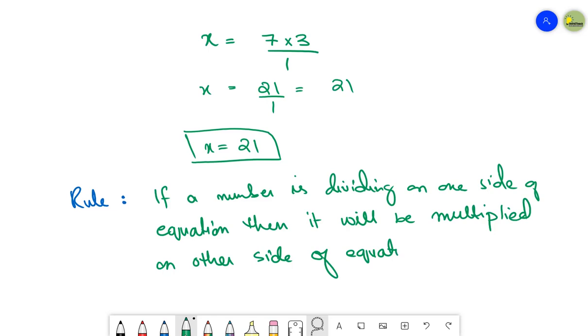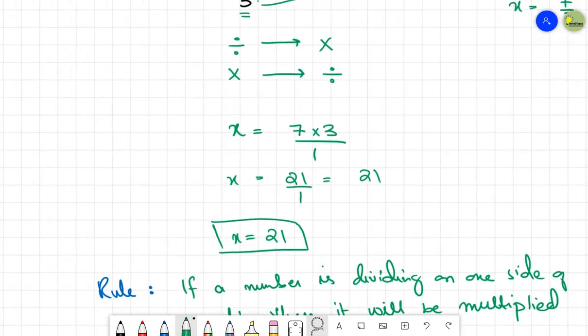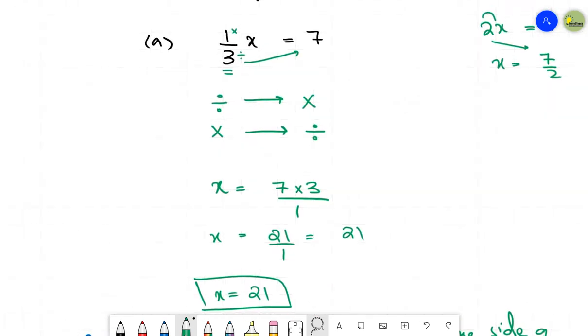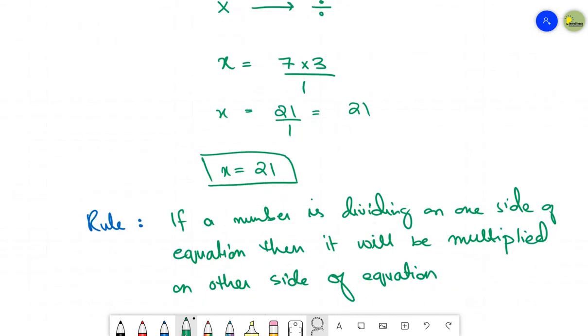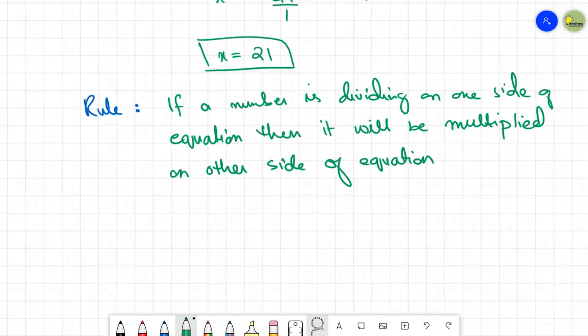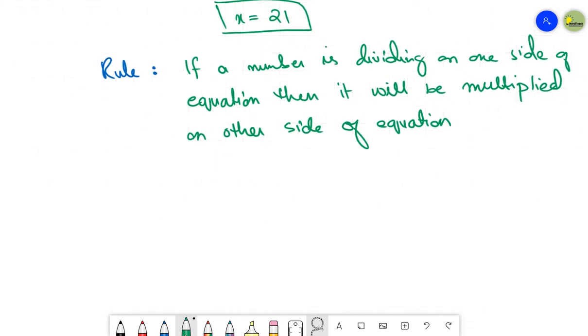Just the way we have done with 3. 3 was dividing with x. When you shift it to the other side, it will be multiplied with 7, right? So in this way, you need to shift the sign or shift the operation.